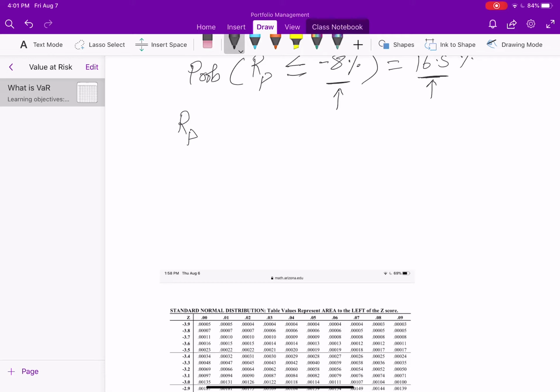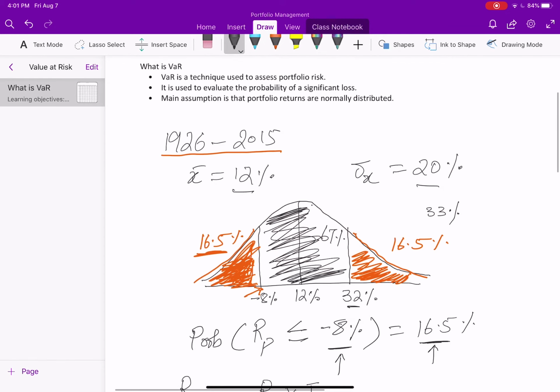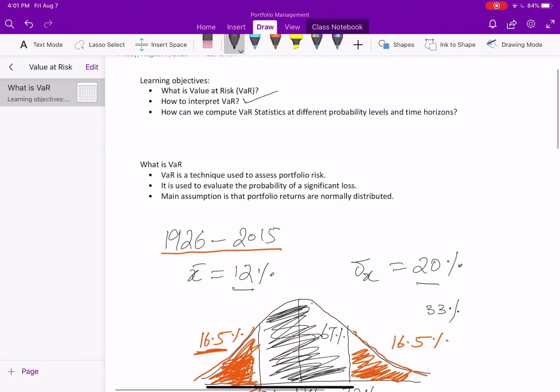We can compute the average 2-year return by multiplying the annual return by time t.